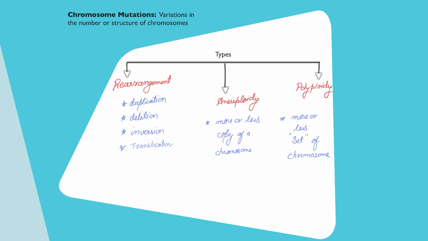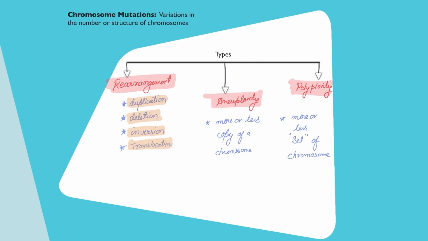To summarize all of this, in today's video we talked about the three types of chromosomal mutation, that is rearrangement, aneuploidy, and polyploidy. We talked that rearrangement basically talked about duplicating a segment of the chromosome, deleting them, inversing them, or simply shifting the location from one to another, both at the same time, reciprocally or not.